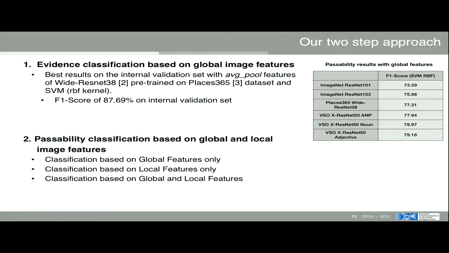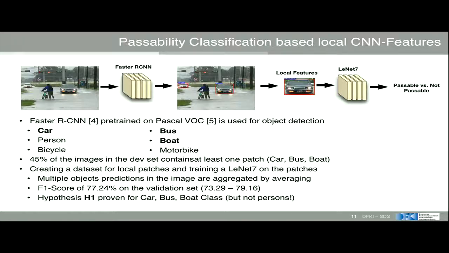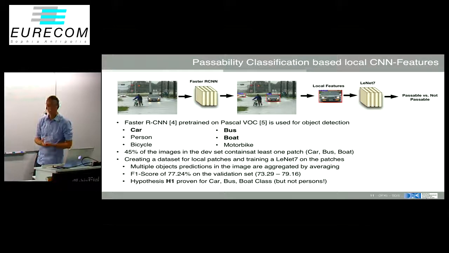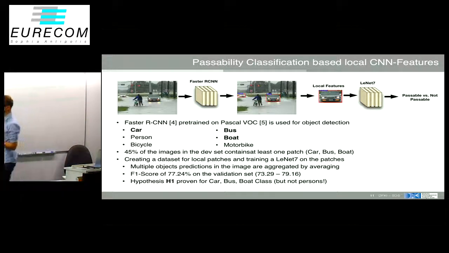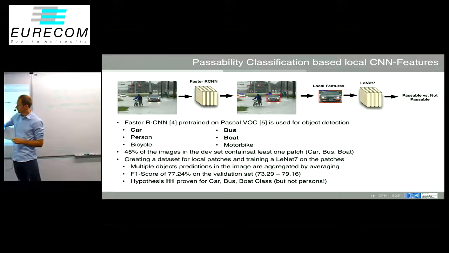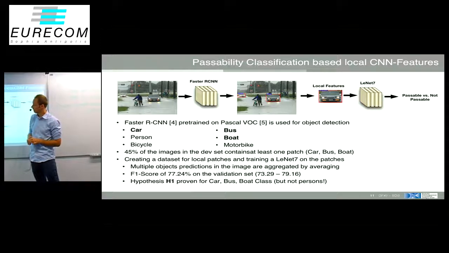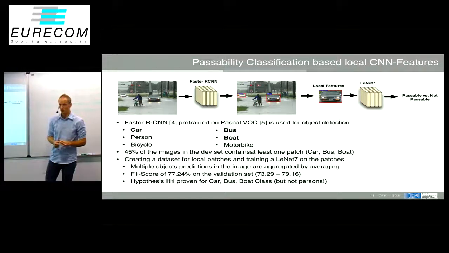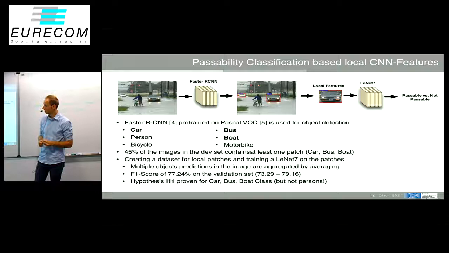For the local information, we have the following pipeline. We use Fast R-CNN, an object detector trained on Pascal VOC. We extracted for our dataset 6 different classes: cars, persons, bicycles, buses, boats, and motorbikes.